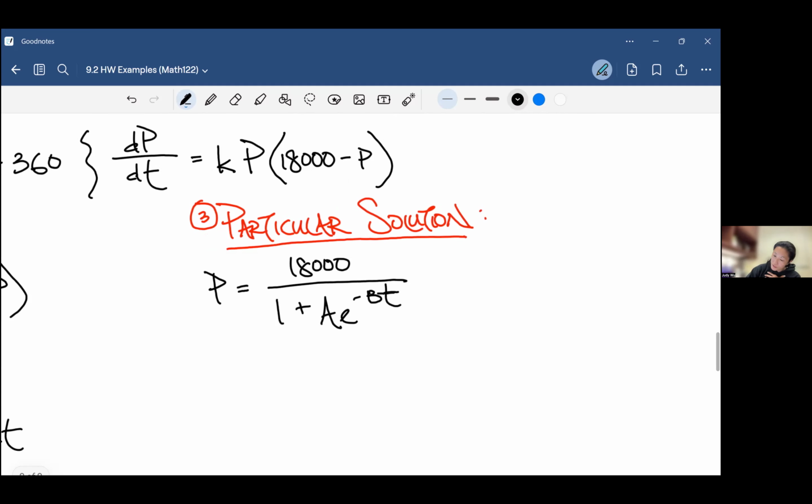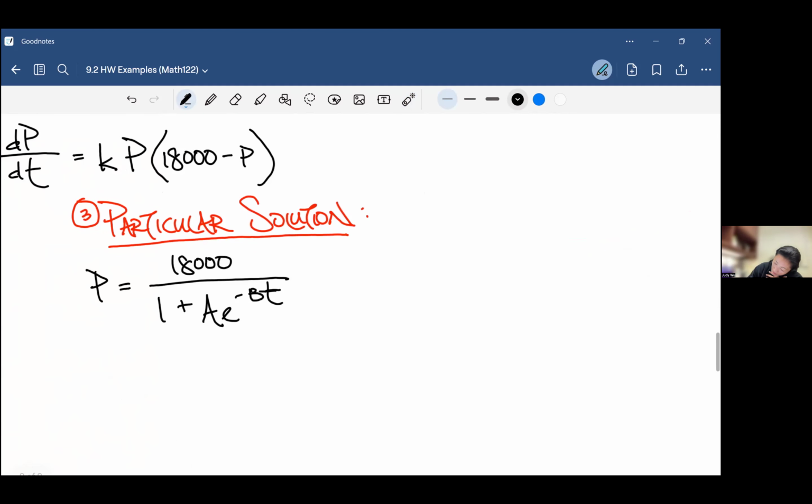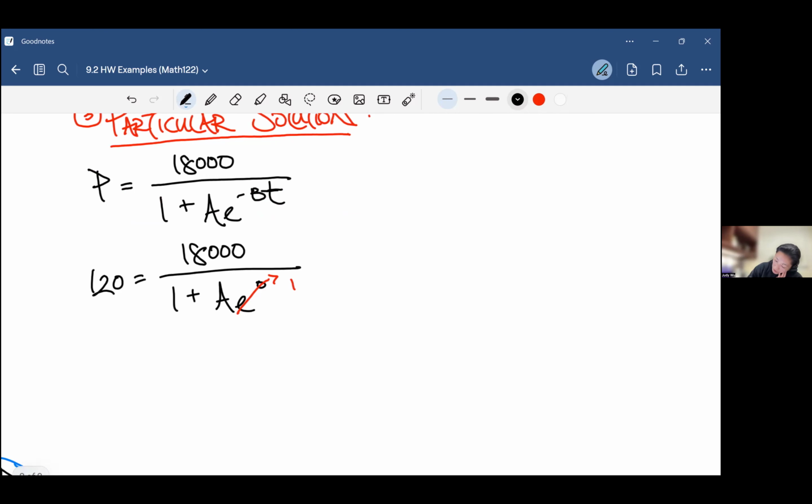So the first thing I'm going to use is that P of 0 is 120. And so that's going to give me 120 equals 18,000 over 1 plus A e to the 0. And I know that A e to the 0 is 1. And so that's going to give me 120 equals 18,000 over 1 plus A.